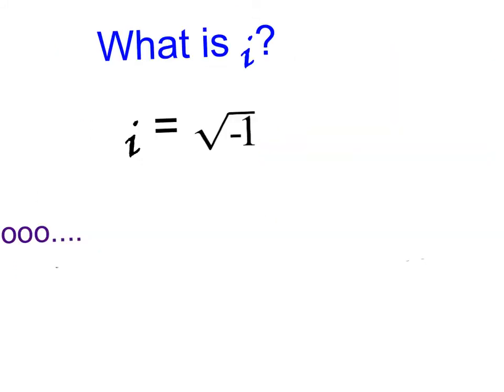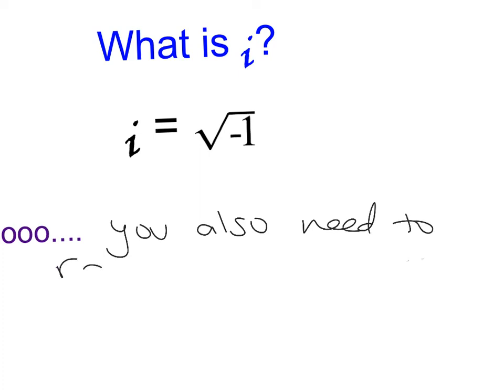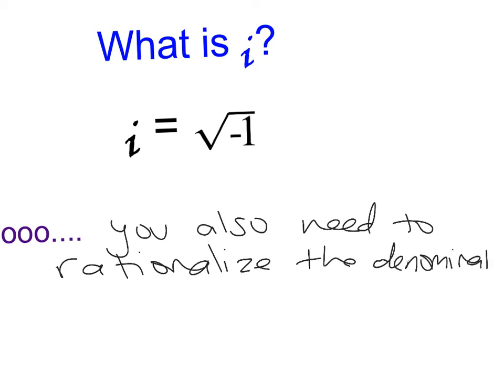Okay. So remember when we were dividing, we were dealing with i, but remember i is a root. So you also need to rationalize the denominator of an i, because an i is a root. i is the square root of negative 1.